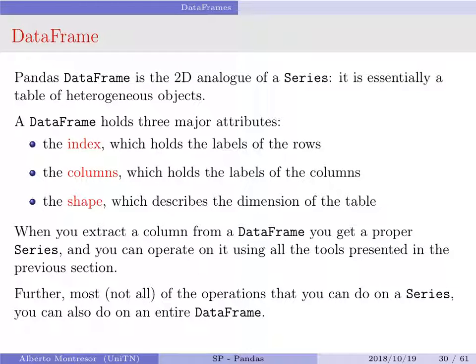It could be an identifier, some sort of key, whatever identifies every row, or just a sequential number. Then you have the columns, which are series by themselves, which means that every column has a name and a series of data, and the index is shared by all the columns. And then the shape, which gives you the dimension of the table, a combination of the number of columns and the number of rows.